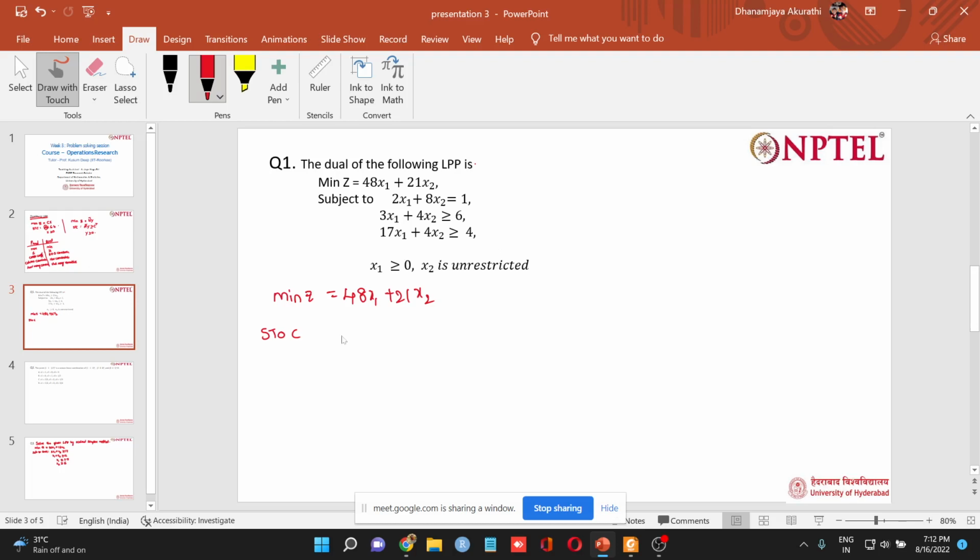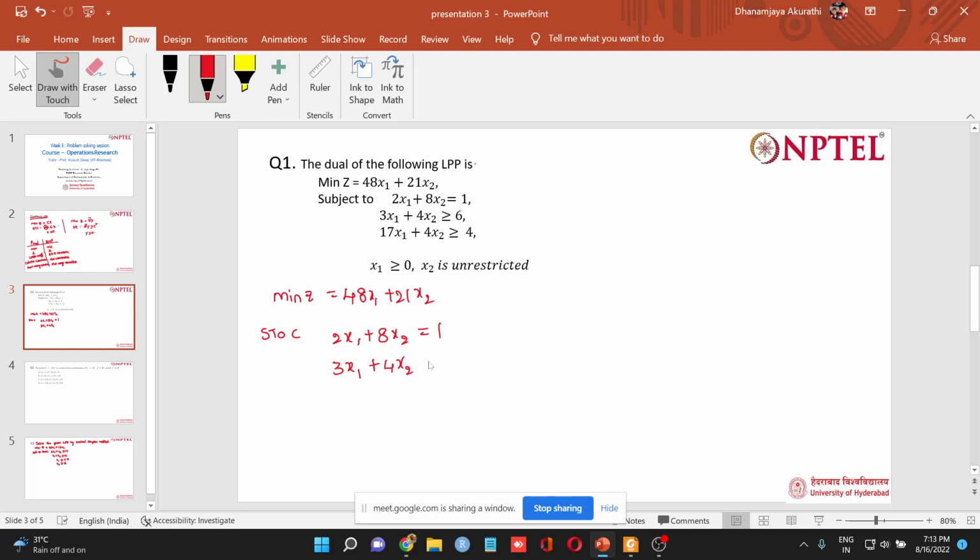Okay, in the standard form of an LPP, what we do? We convert the constraints into the equations. The first one is already in the equation format. And the next one has a greater than or equal to sign. So how do we convert this into the equation? I'm subtracting a surplus variable.